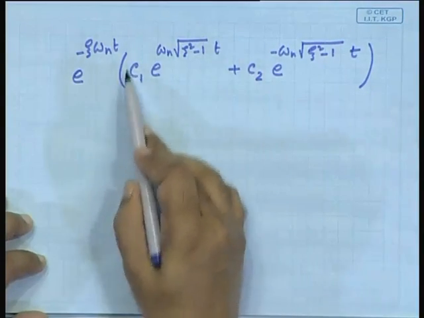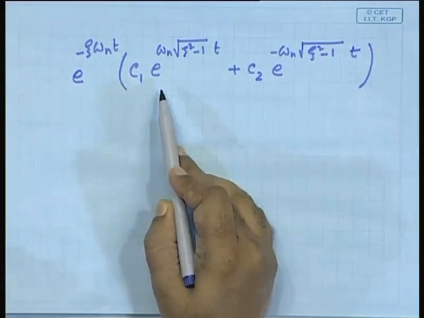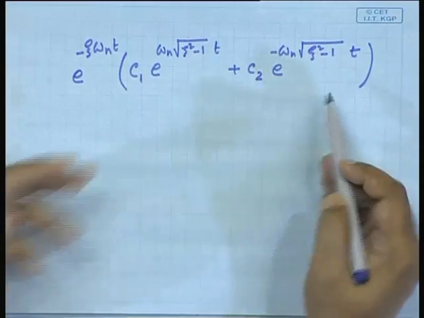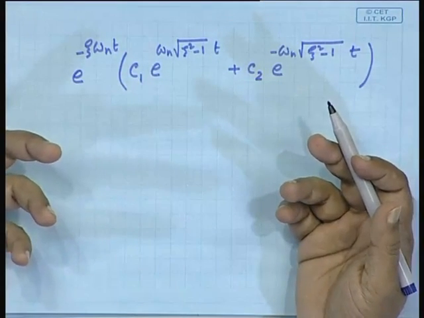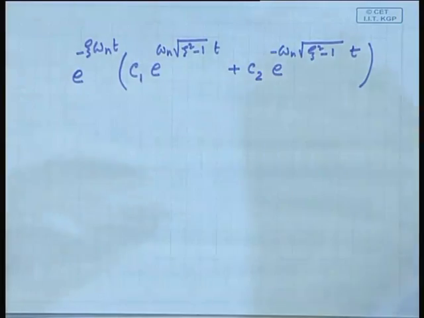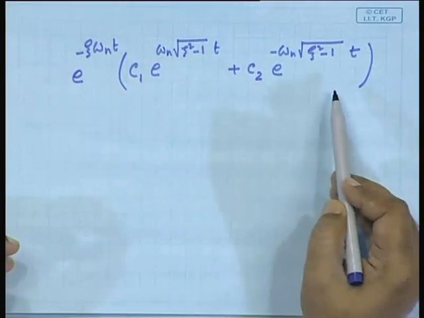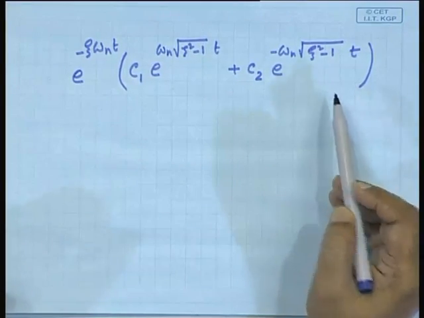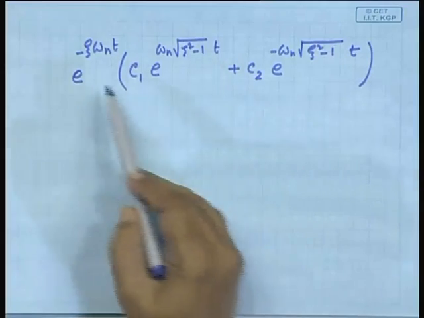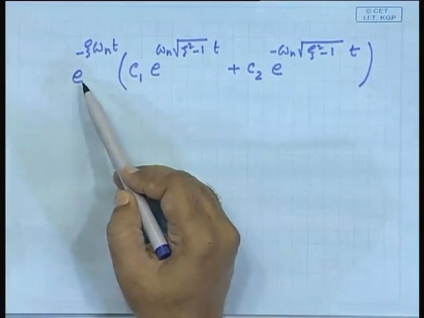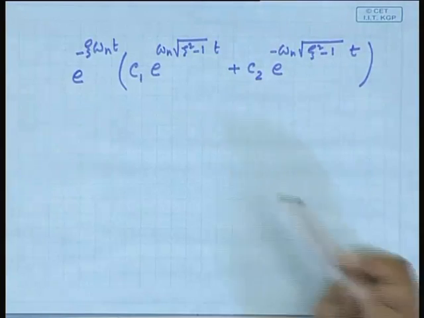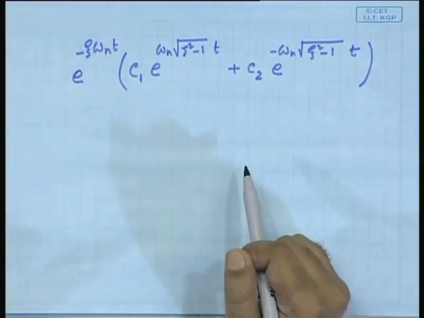You notice that this is an exponentially rising function and this is an exponentially decaying function, and the whole thing is a combination of these two. So, that is why it rises and then falls. For some time this dominates, for some time that dominates, and then the whole thing is multiplied by this term, which is an exponentially decaying term. This essentially ensures that for very large values of t, this would be going to 0.